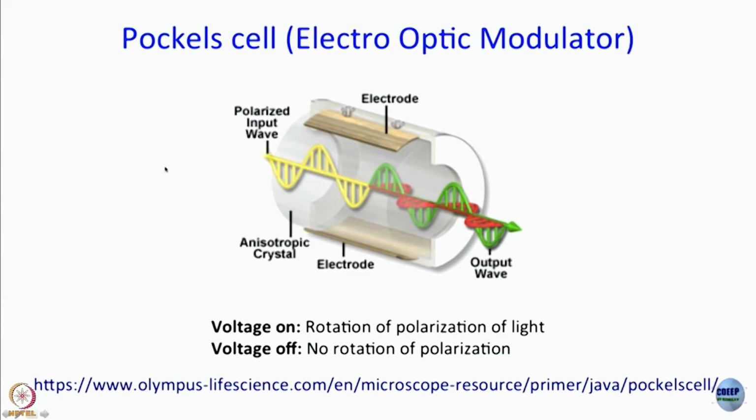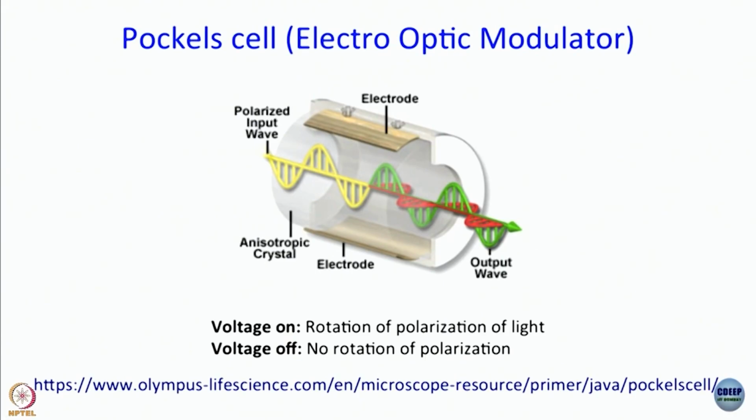It will suffice if you know the end result. It is a property of the medium with which you make the Pockels cell. So, when a voltage is applied in a perpendicular direction to the propagation of light, if the light is polarized light, application of voltage causes rotation of polarization.